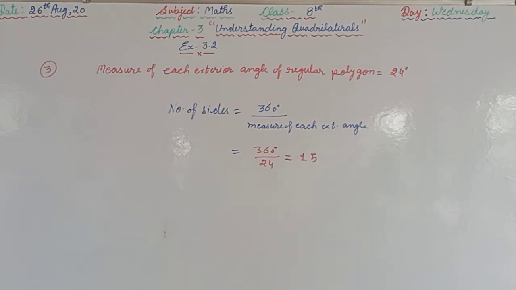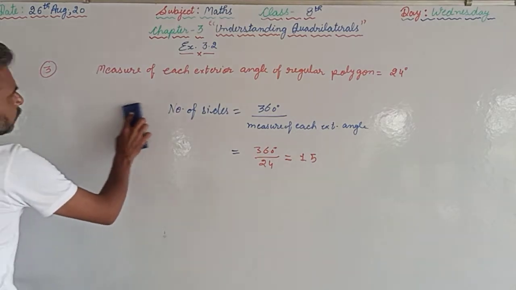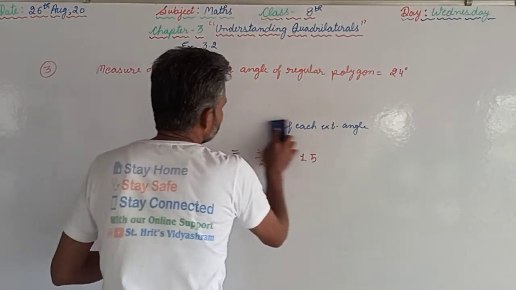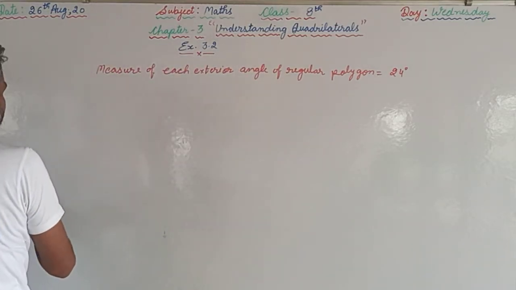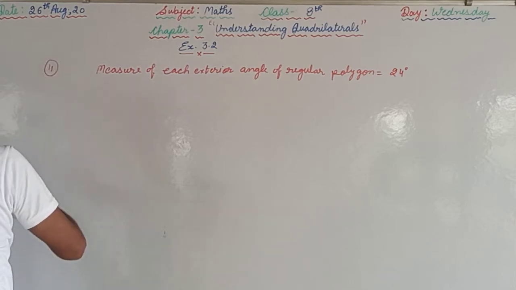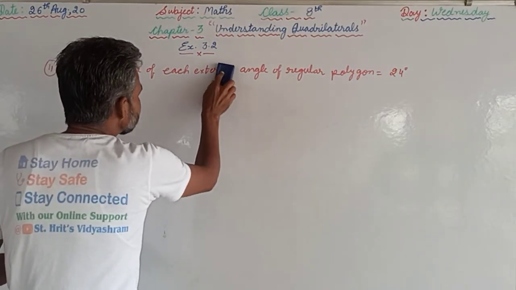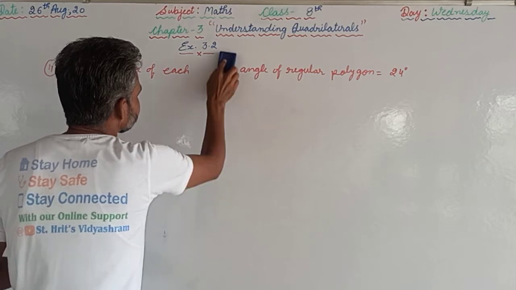Now in the next question, the same question is there. How many sides does a regular polygon have if each of its interior angles is 165? Here some difference is there. In question number 4, the measure of the interior angle is given.